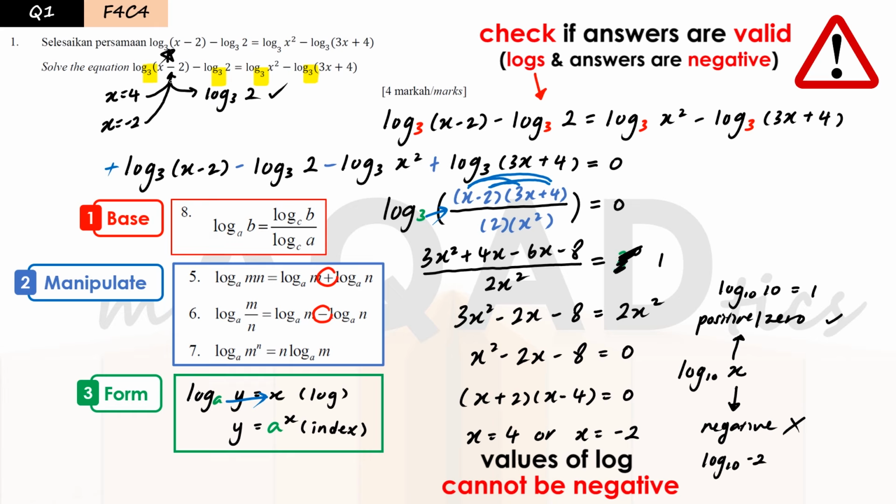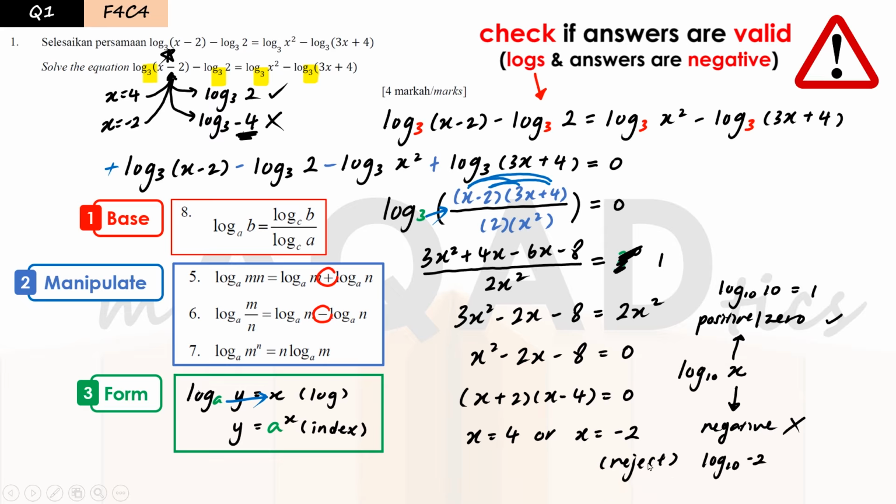Once we substitute inside, here it will become log base 3 of minus 2 minus 2, so log base 3 of minus 4. This is a negative value. Again, recap: if the value inside is negative, there wouldn't be any answer. So we need to reject x equals negative 2, because logarithm values cannot be negative.